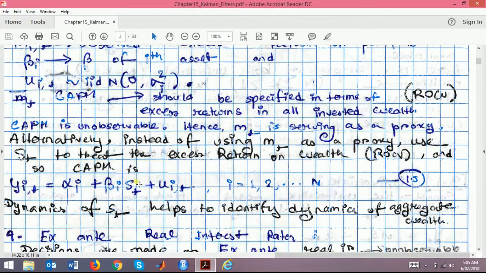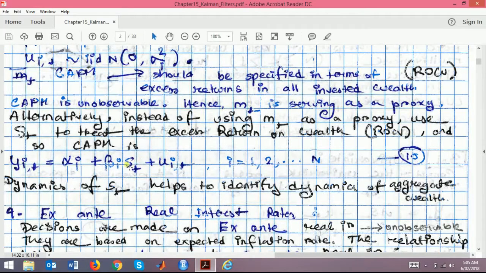And so CAPM becomes y_it = alpha_i + beta_i s_t, instead of m_t, plus u_it. The dynamics of s_t help to identify the dynamics of aggregate wealth, and this is the measurement equation. The dynamics of s_t by default is represented by the state equation, as we know.